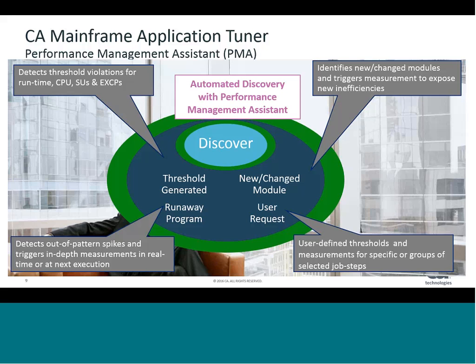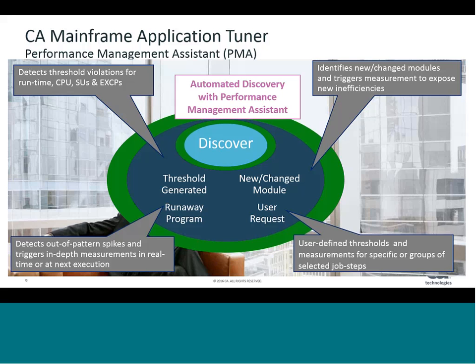Okay. So again, like I mentioned, it is a component of the Mainframe Application Tuner product. Its goal is to significantly reduce the manual effort for managing your application performance. How this works is PMA is going to scan your load, job, and procedure libraries. It calculates the statistics to create a baseline.